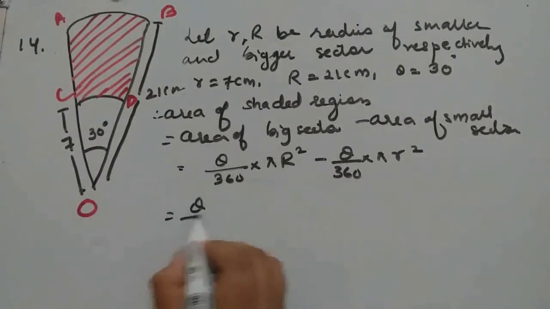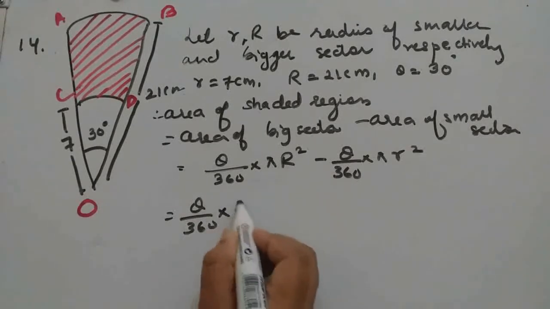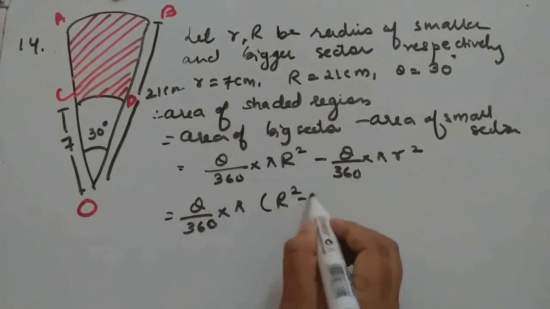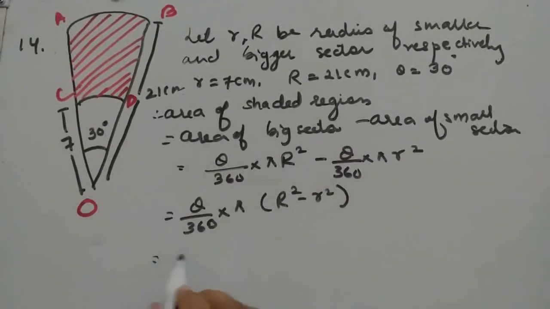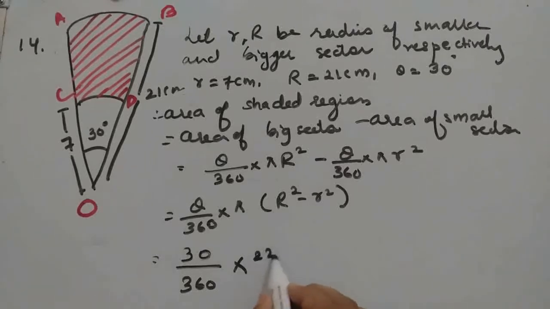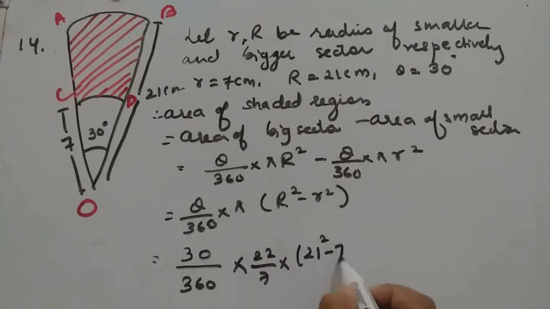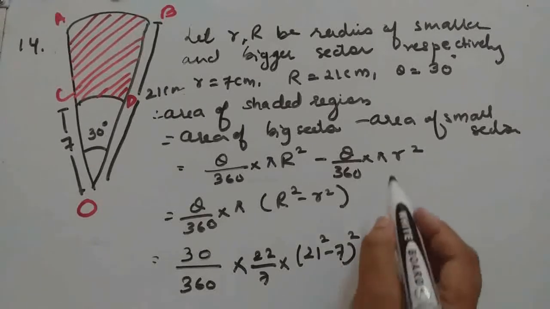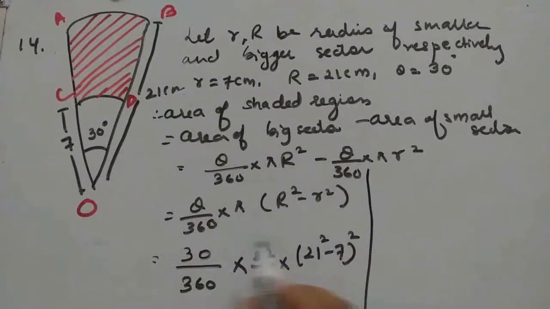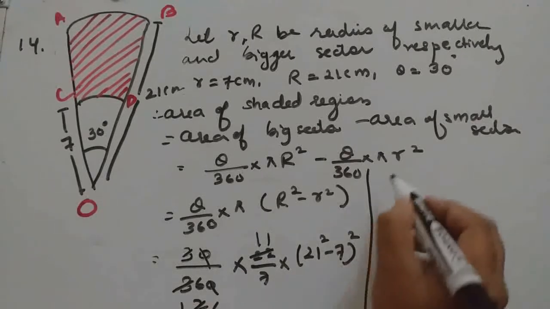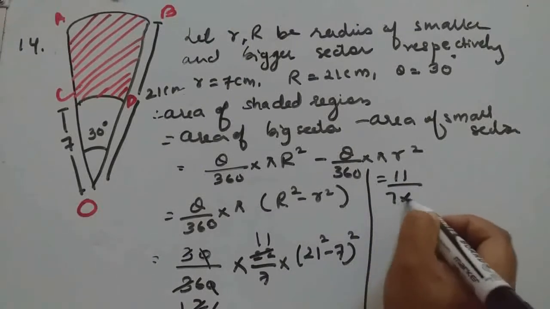Now theta by 360 into pi we can take common, and R square minus r square. So theta is 30, 360, pi we can use 22 by 7, R is 21 square minus 7 square. Okay, so 12 will go, then 11 by 7 into 6.